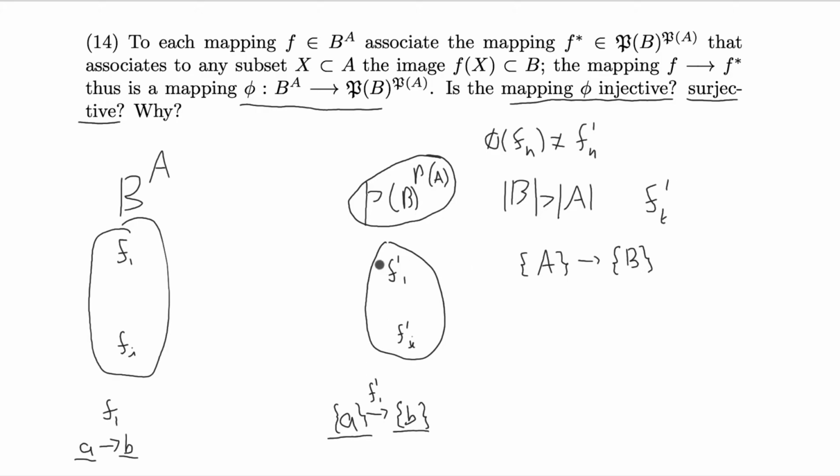And this is a well-defined map in the power set of B to the power set of A, in that these are two well-defined subsets in their respective domains. The set of A is a subset of the power set of A, and the set of B is a well-defined element of the power set of B. However, we will note that there is no map that has this being the case.